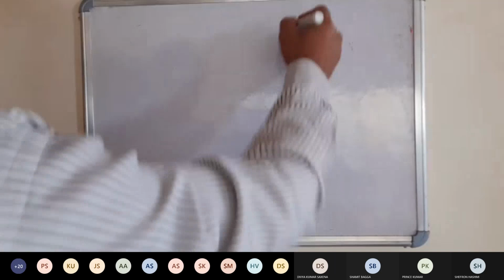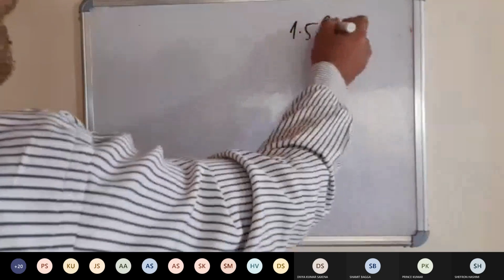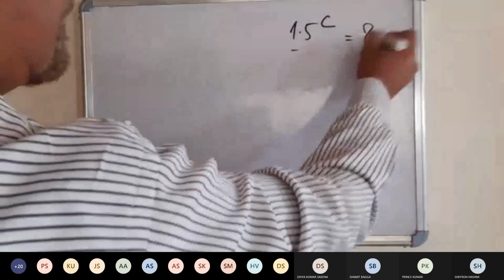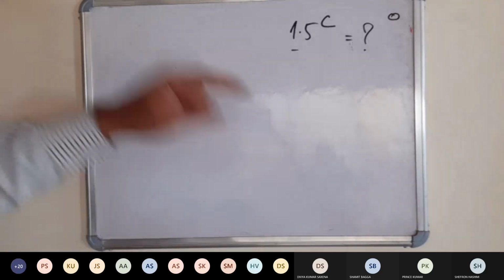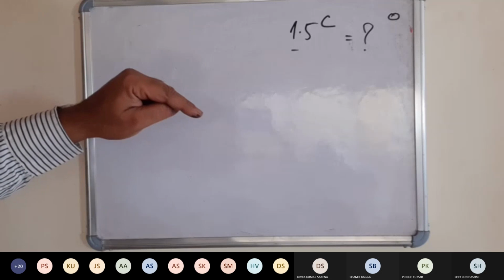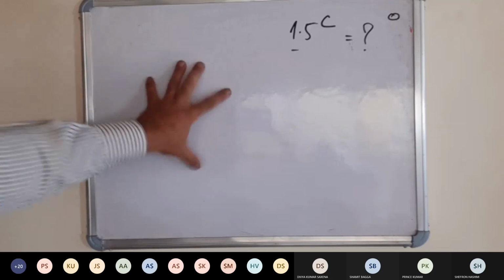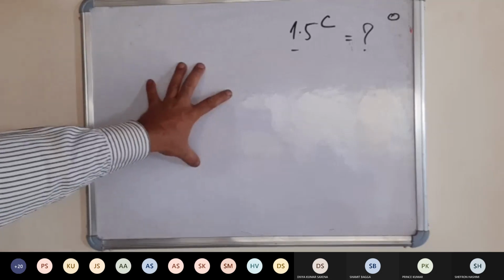Now if we want to convert, supposing you have 1.5 radian, how many degrees? Because degrees is the normal unit of the angle that we use.